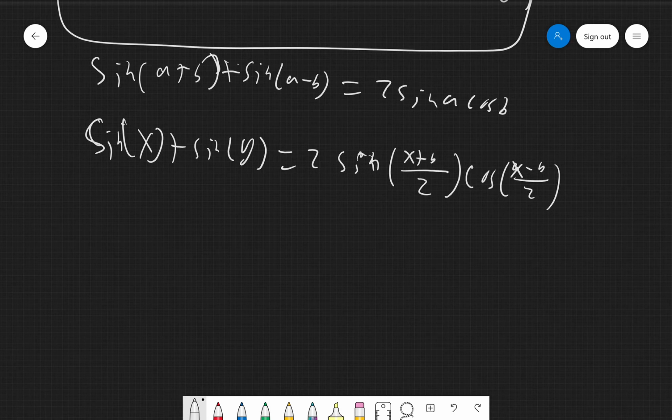I think we had the real part is z plus the conjugate of z over 2, and then z minus the conjugate of z over 2i. So when we get to complex trigonometry, we're also going to use this again, where we add them and subtract them.